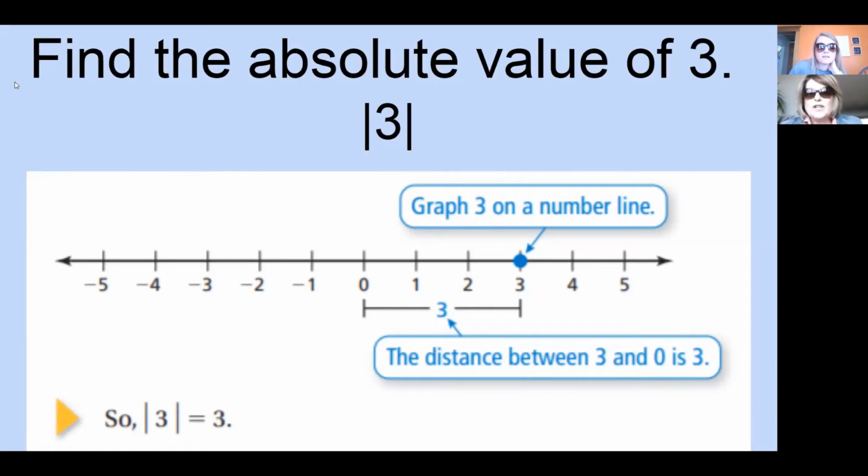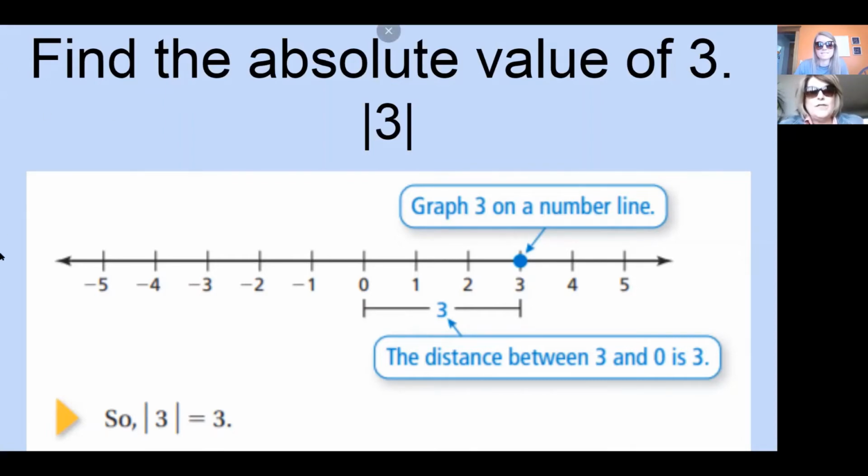Okay, so the next problem is find the absolute value of 3. And you can see I have, circling it with my cursor, the bar, the 3, and the bar. That means find the absolute value of 3. Well, what's the distance of 3 from 0?